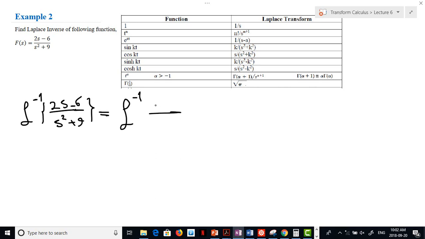So we have 2s over s squared plus 9 minus the Laplace inverse of 6 over s squared plus 9.